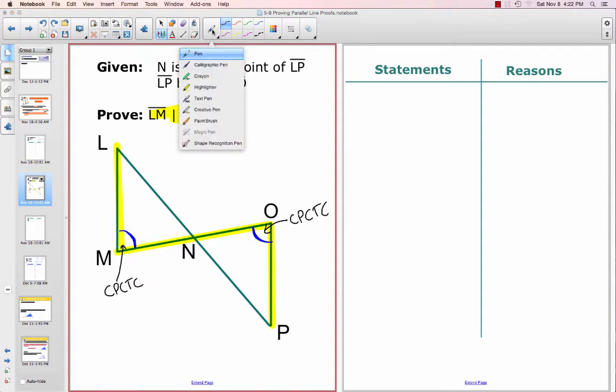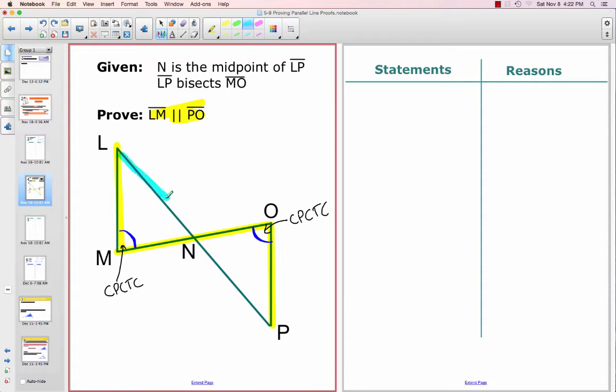There's only two triangles here, so we're going to prove this triangle to be congruent to this triangle, and then we'll use CPCTC. So let's mark off our diagram here.